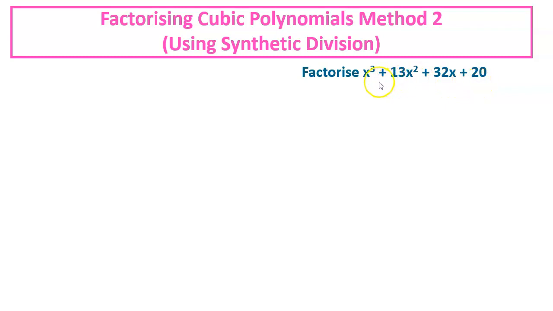Now you see every power of x is present in the given cubic polynomial, starting from the highest power, that is 3. Obviously, it has to be 3 because it is a cubic polynomial. But in case you have some missing term, in case not all powers of the variable are present in the given expression, then you have to take the coefficients of those powers as 0, because every power of the variable is needed along with its coefficient.